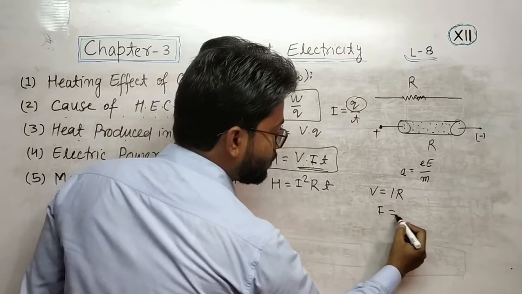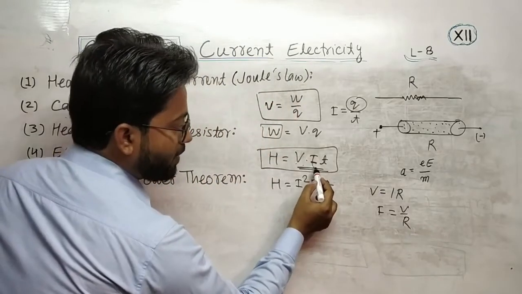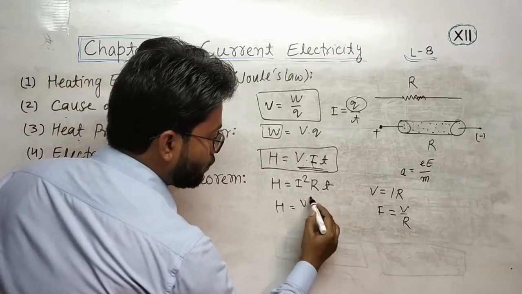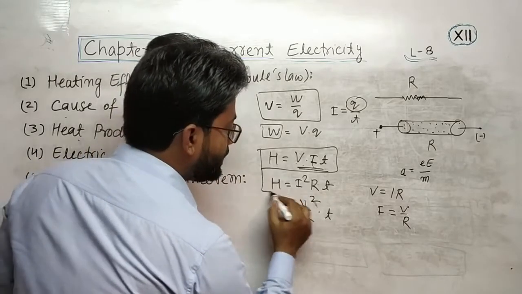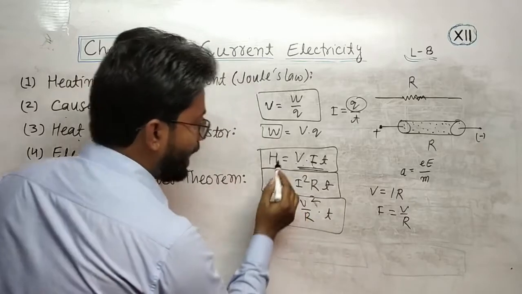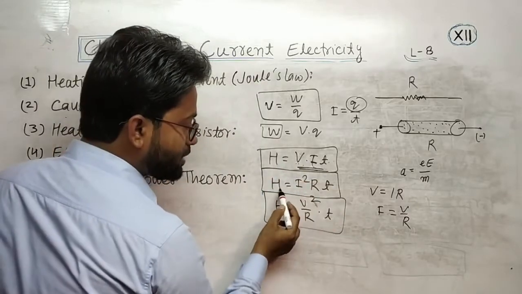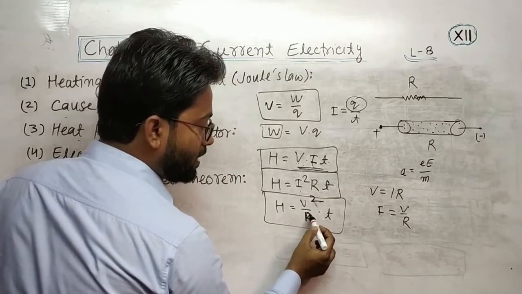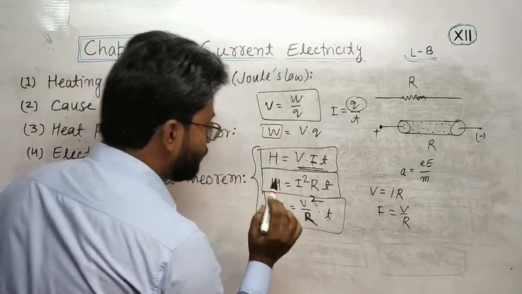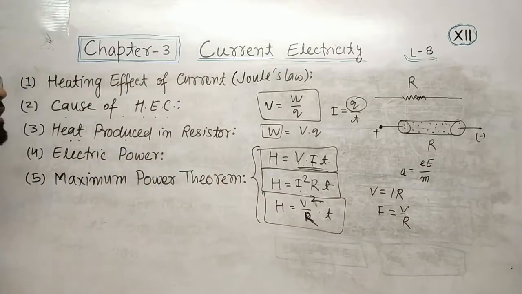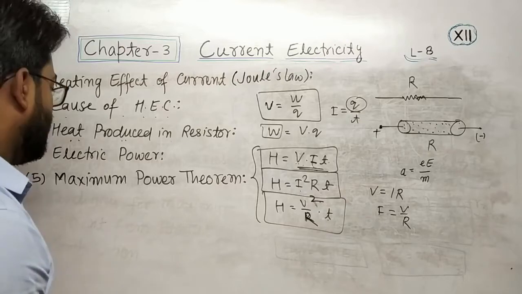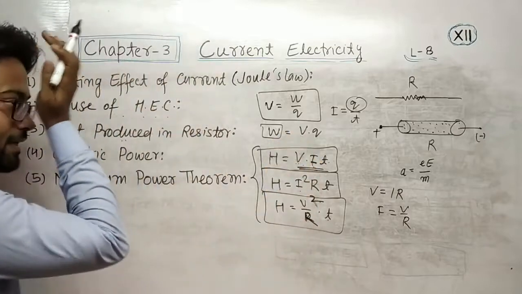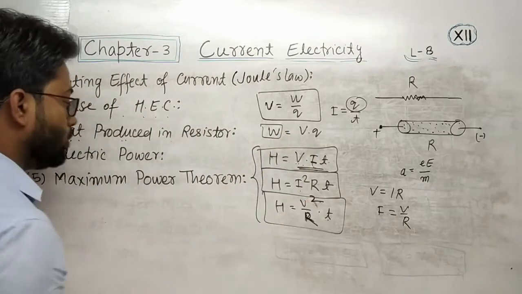In place of I you can write V by R, so heat is equal to V squared by R into T. These are the three formulas: H equals VIT, H equals I squared RT, and H equals V squared upon R times T. These are the three formulas for the heat produced in the resistor, and the unit of heat is joule.